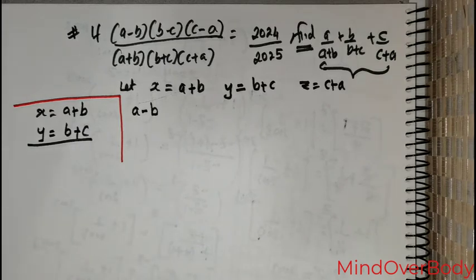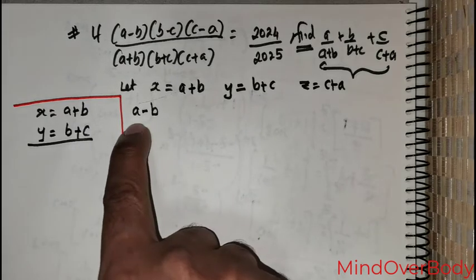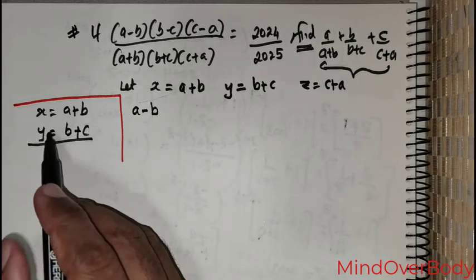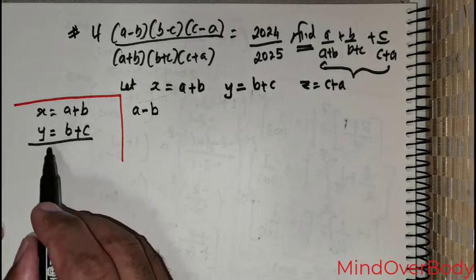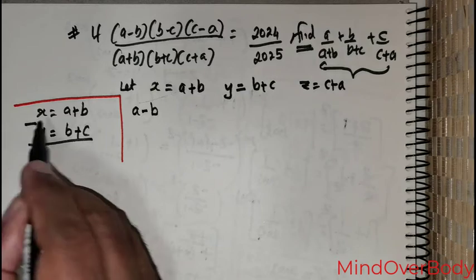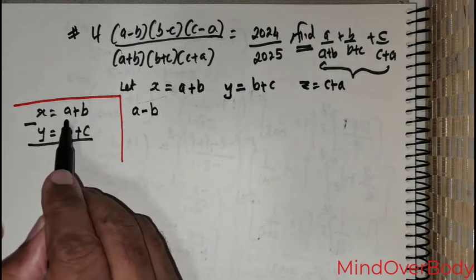Now we would have to obtain a−b's representation. So I'm just going to start out with x equal to a+b and y equal to b+c. So I'm going to subtract these terms.